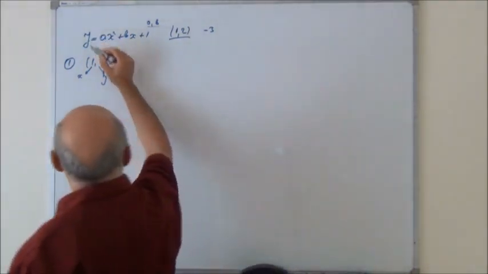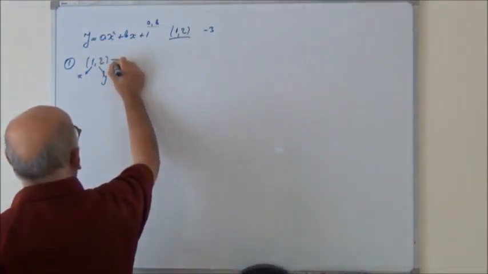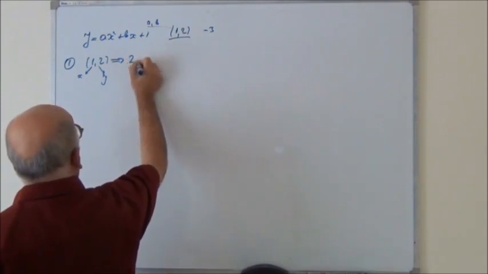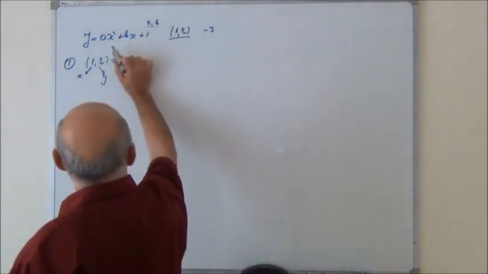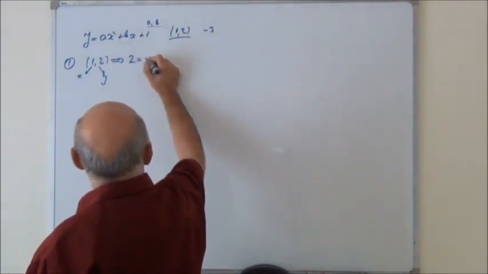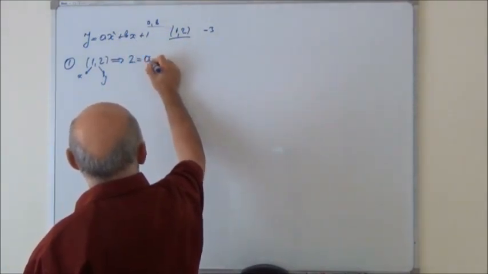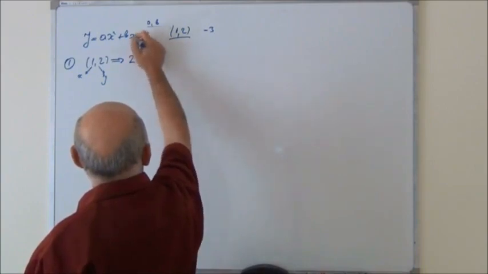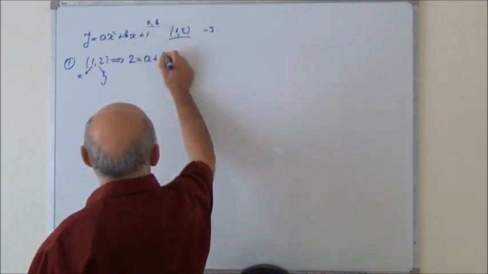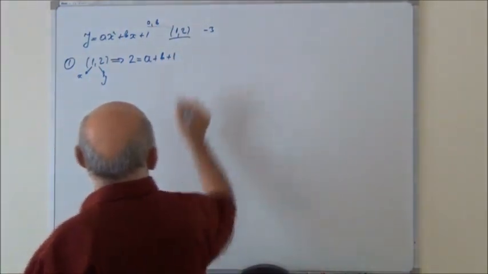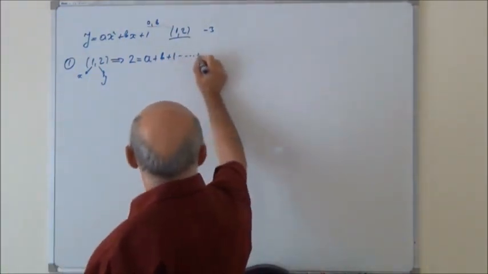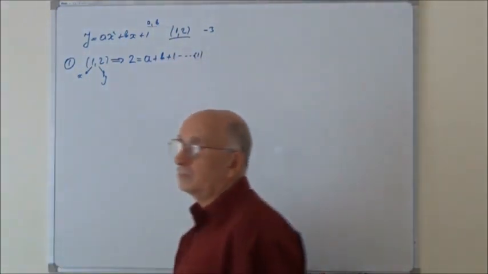So we have 2 equals, and now x is 1, squared is 1, multiplied by a is a, plus b times 1 is b, plus 1. So this will be our first equation.